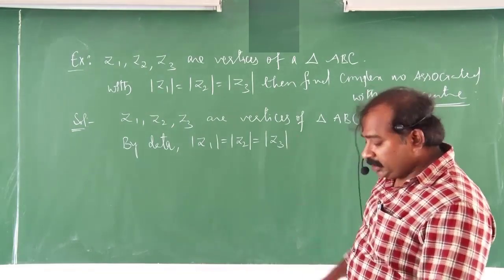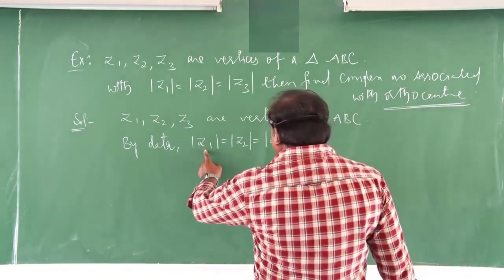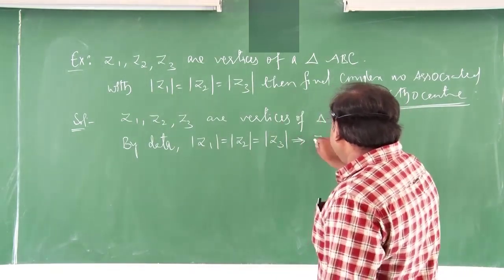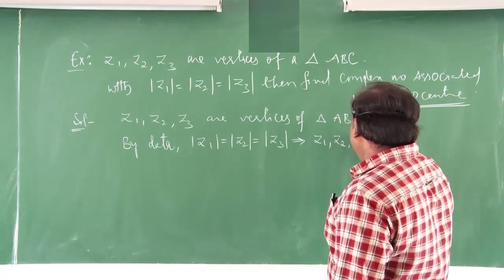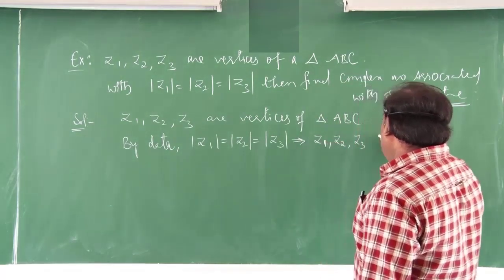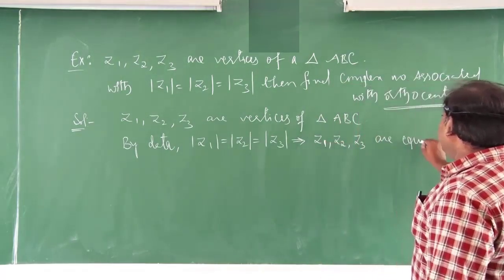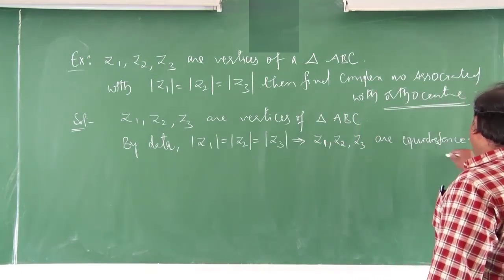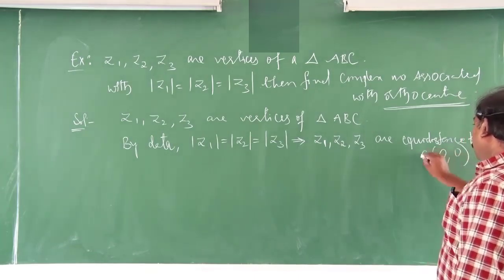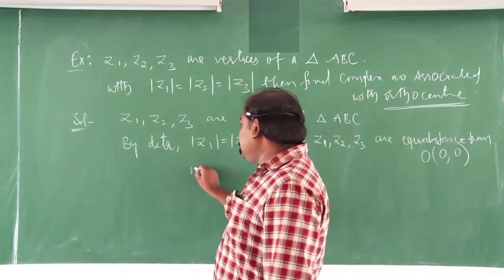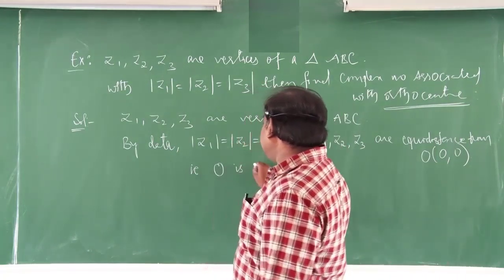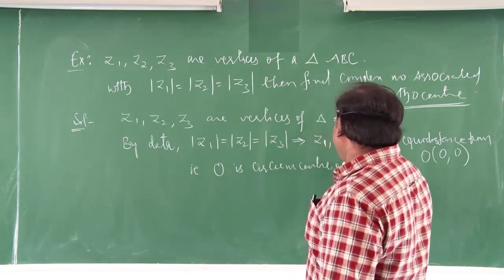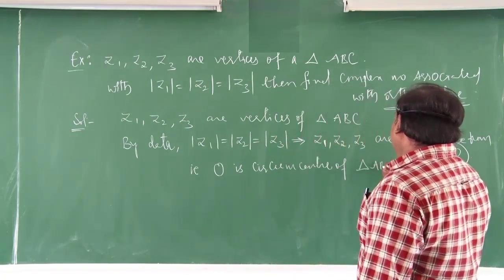So by observing the given data, we can conclude that z1, z2, z3 are equidistant from origin O. That is, O is the circumcenter of triangle ABC.